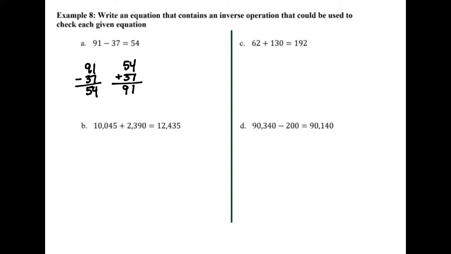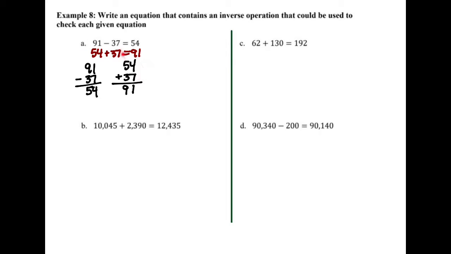So we want to write this as an equation. To do that, you would write 54 add 37 equals 91. You just work backwards from the original.